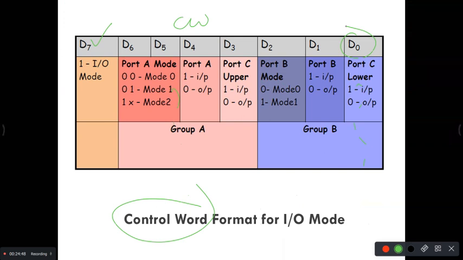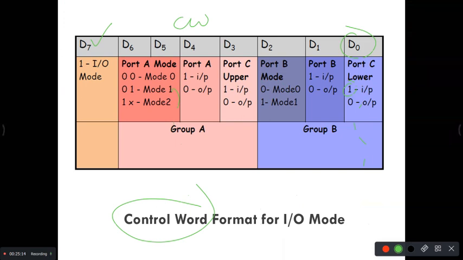Least significant bit. If D0 is 1, then port C lower behaves as an input port. See, this port can be either input or output, right? But when we use the ports, we have to program it. You have to set it up, either input or output. So how do you set it? By using this D0.